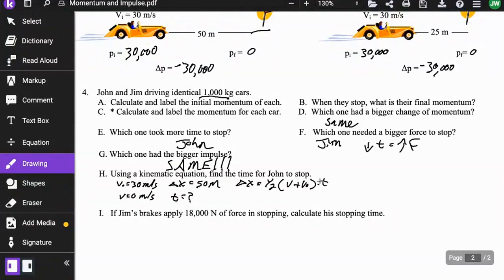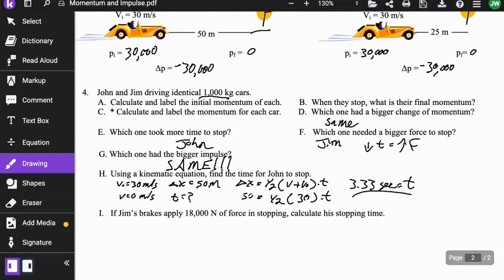Let's put in 50 meters is equal to 1/2, and then v plus v naught is just going to be 30, times time. So 50 is equal to 15 times t. And we get 3.33 seconds to find the time for John to stop.